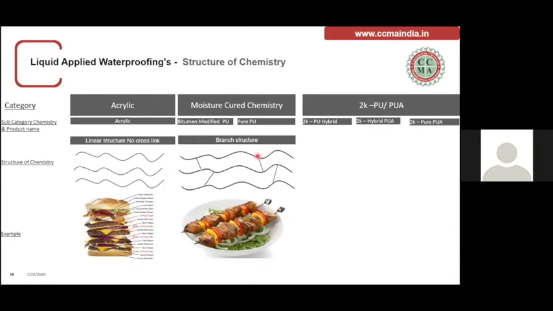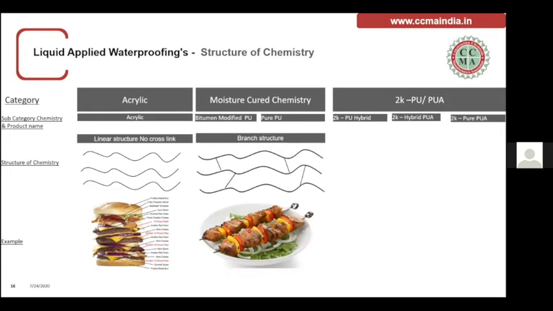I'm just showing you photos of some food items. At this time, we cannot go out to eat, but I apologize for it. The idea is to explain the concept. So no layer of the membrane is connected to each other, but they have a branch structure.